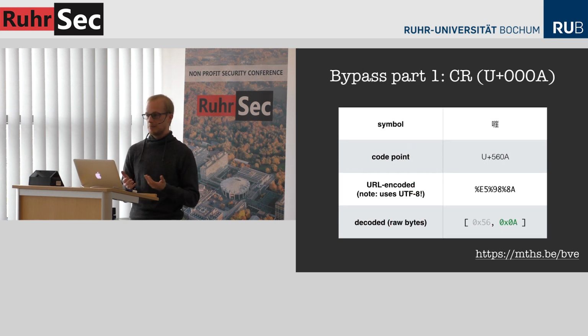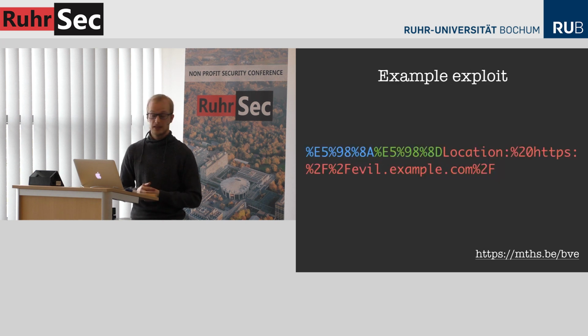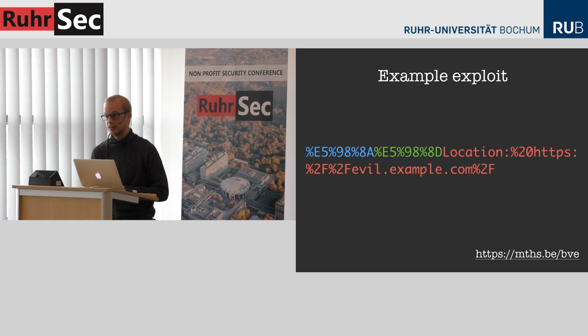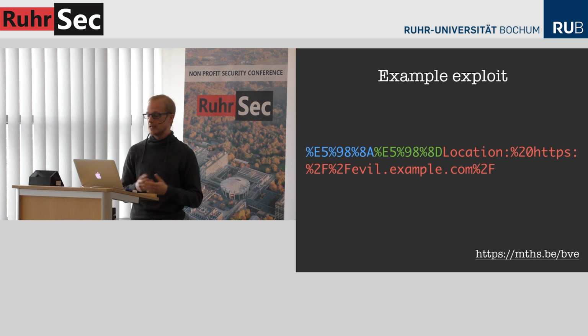But you could use the same characters or any other character with 0A at the end in the code point, and it will also turn it into an ASCII value somehow. So a very easy way to bypass this, it's actually kind of the same issue, really. And this allows you to insert your own headers, redirect to other locations, or even overwrite the body if you wanted to.